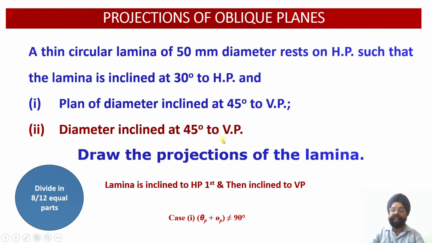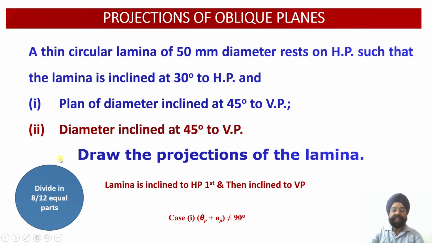But since in case number 4 we will work out the projected shape of this lamina in the top view, we have to determine angle beta from the given angle phi. We will make use of the principles of the rotation of the line to evaluate angle beta starting with this angle phi, and once angle beta is evaluated, we will be able to draw the projections of this oblique lamina.